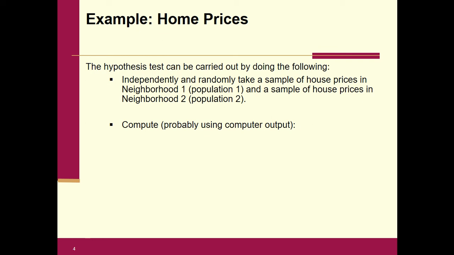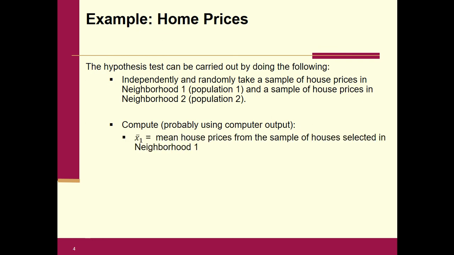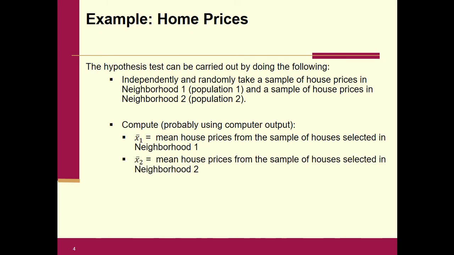We would compute x bar for the first group. We took a random sample from population 1 and calculated the sample mean from it. We designate that as x bar 1, and then, obviously, x bar 2.